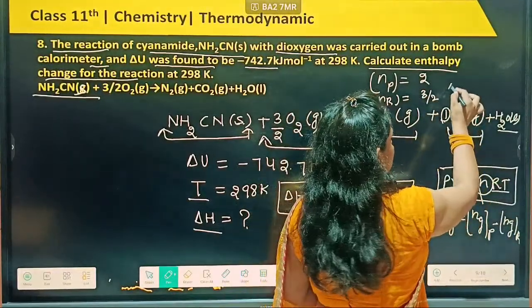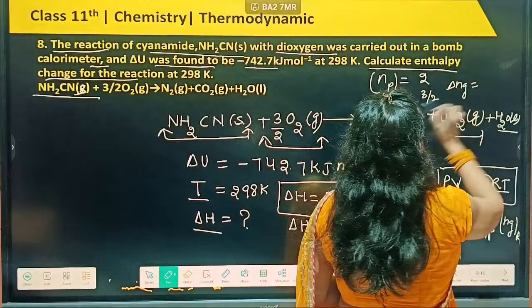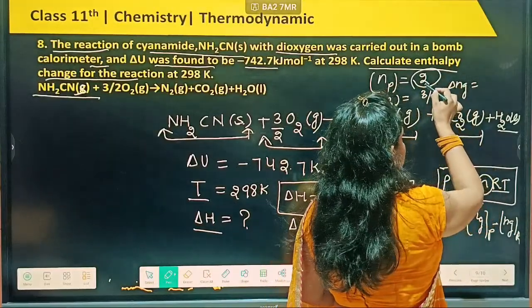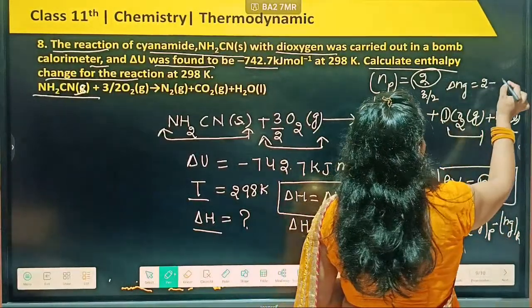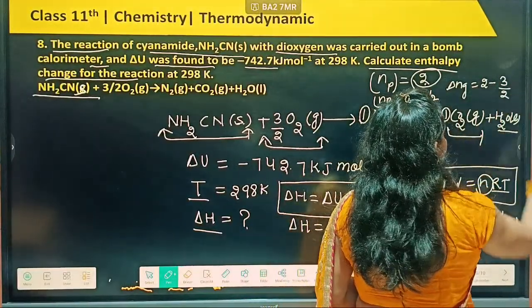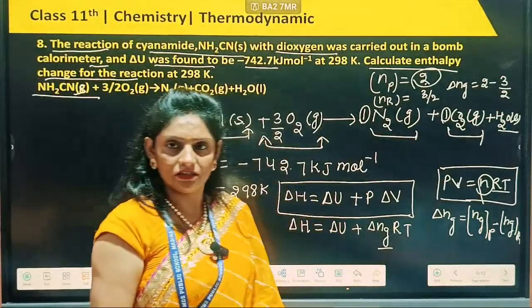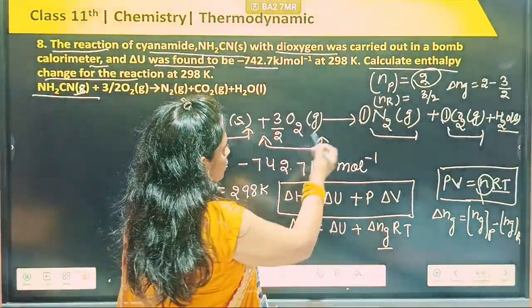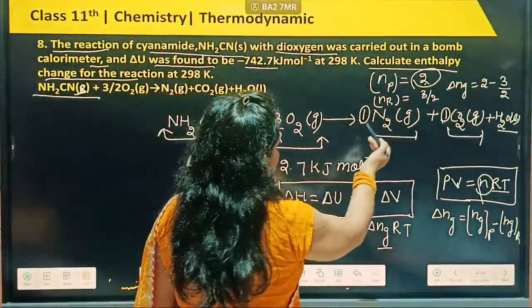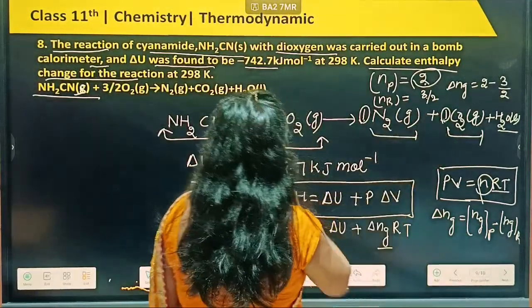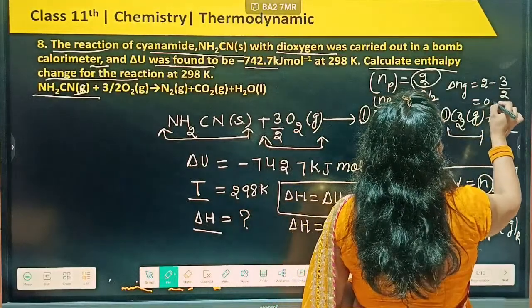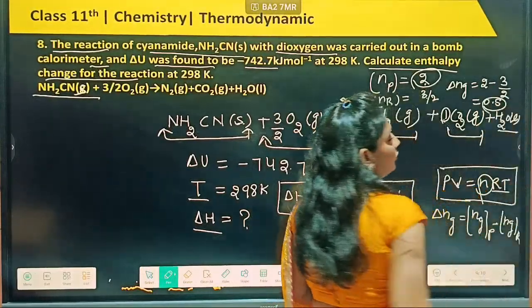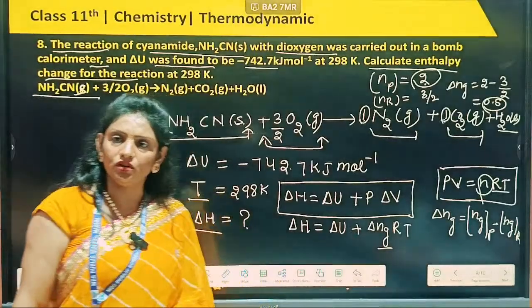So del Ng will be the number of moles of gaseous substances on the product side minus the number of moles on the reactant side. Clear? So here 1 plus 1, 2, and here 3 by 2 only. Then student, you will get 0.5. It is clear to you or not?